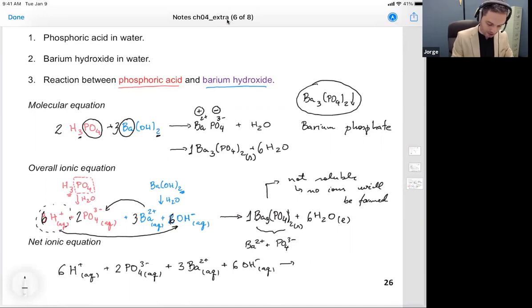Therefore, we write it again in the net ionic equation and then repeat everything that we have in the products because nothing can be canceled. And for this particular case, the overall ionic equation is the same as the net ionic equation.